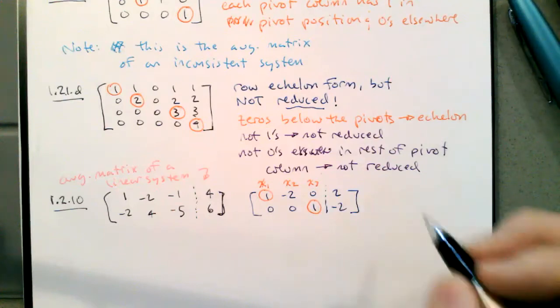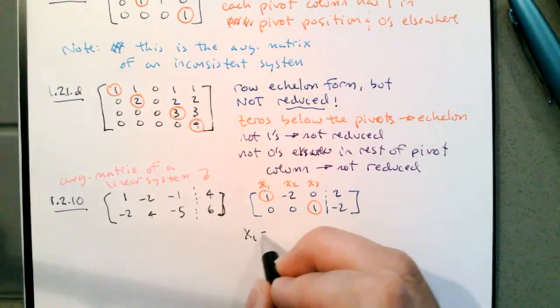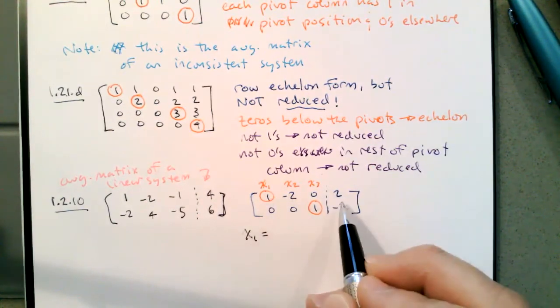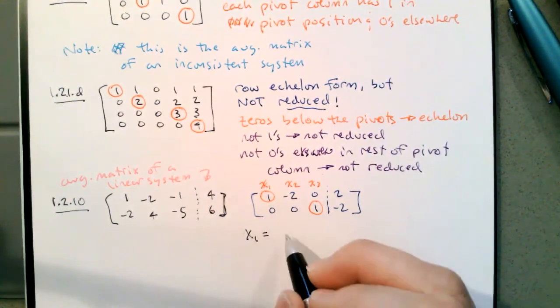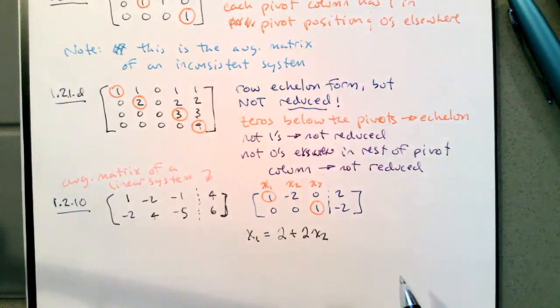If I solve this, the first row says x1 minus 2x2 is equal to 2. If I solve for the basic variable in terms of the free variable, x1 is going to be 2 plus 2x2.